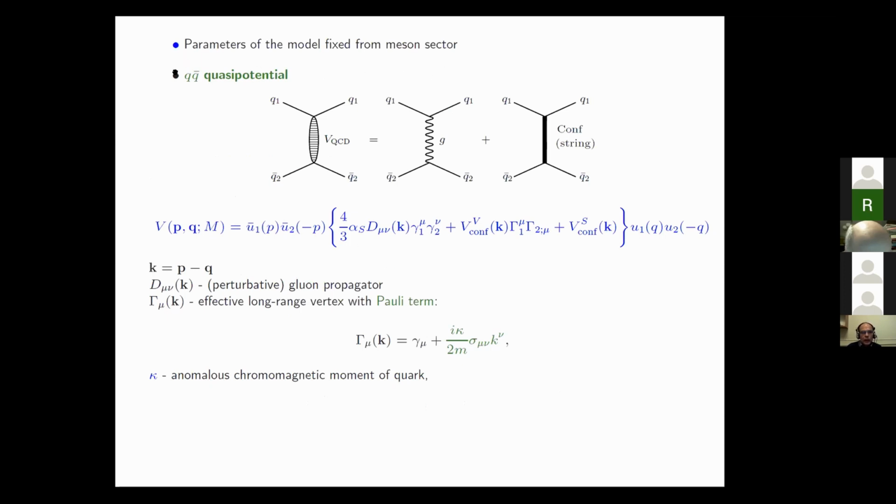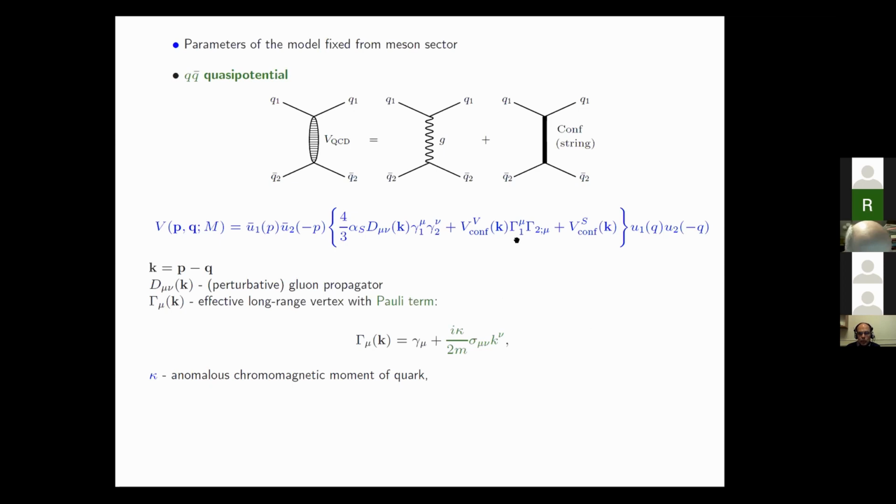When we were considering the quasipotential of quark-antiquark interaction in a meson, we assumed that it consists of the potential of one-gluon exchange, which dominates at short distances and is given here, and also the long-range confining interaction potential, which is the sum of the long-range vector and scalar confining interactions.